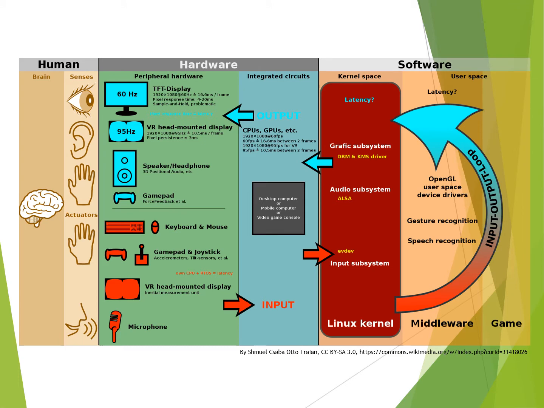After the hardware, of course, you have the software standard. So you have the OS level, whether you are running Linux, Windows, or Mac OS. And then you have the middleware. Middleware consists of two kinds of things. One is the HAL, hardware abstraction layer.